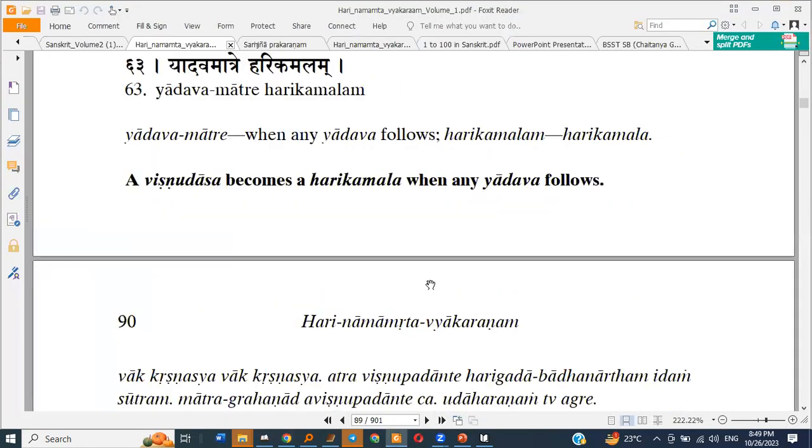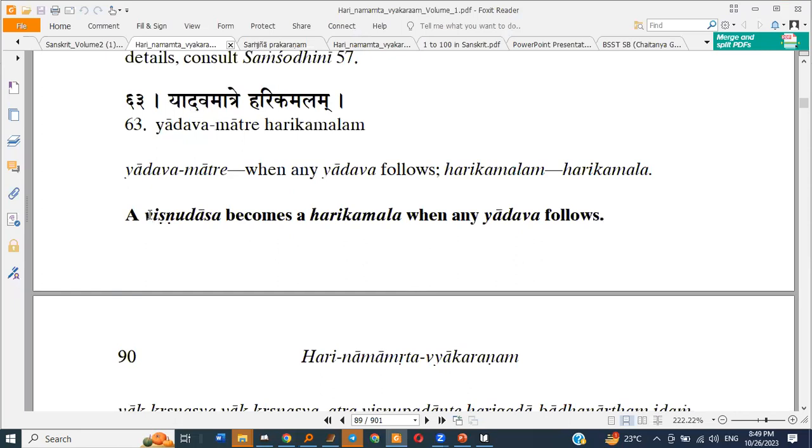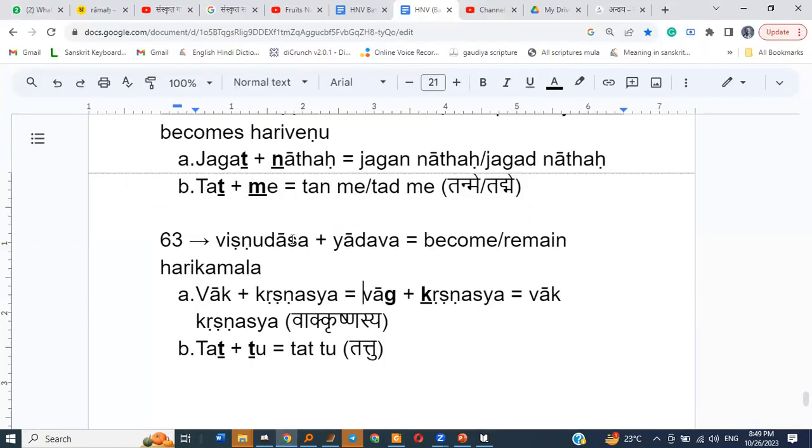This is what the sutra says. That a Vishnudasa becomes a Harikamala when any Yadava follows. Now, in case of Vak Krishnasya, there is this Karama, which is already a Harikamala. So Sutra 61 is applicable.